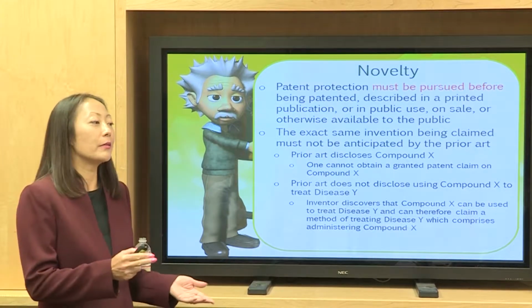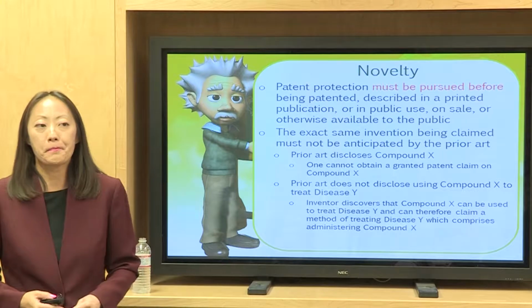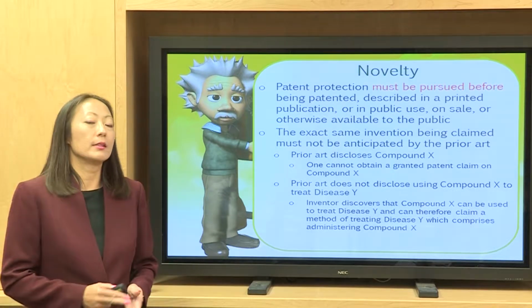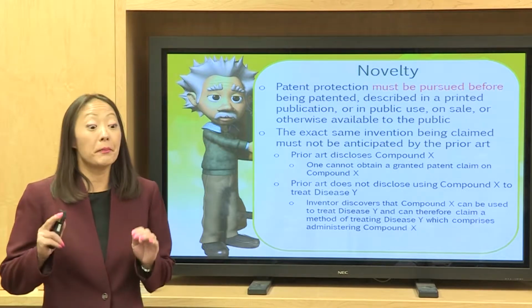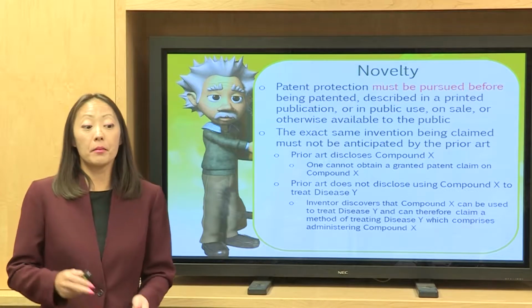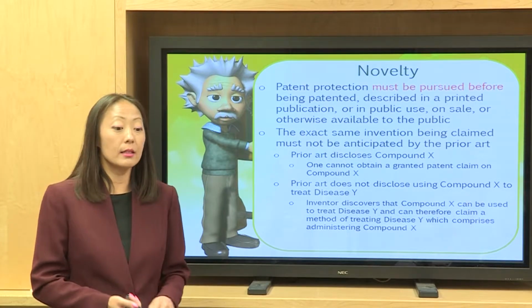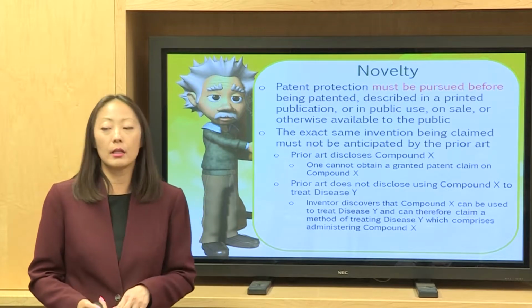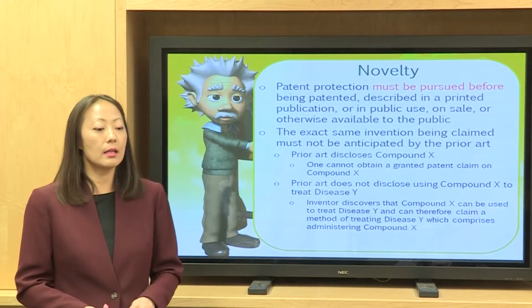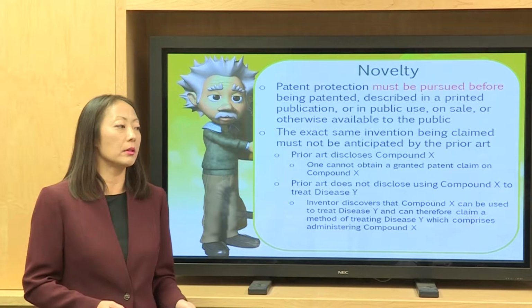Novelty. So this is where we get into the real, more substantive stuff about what is patentable. Patent protection must be pursued before being patented, described in a printed publication, in public use, on sale, or otherwise made available to the public.